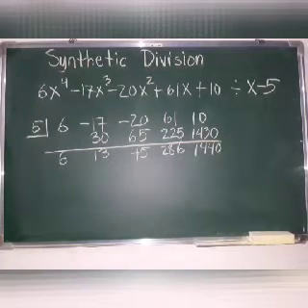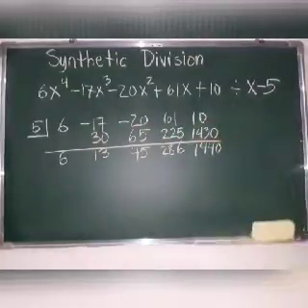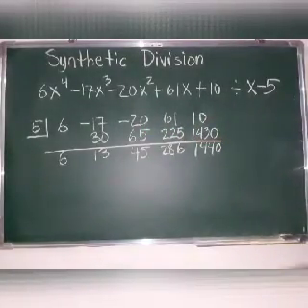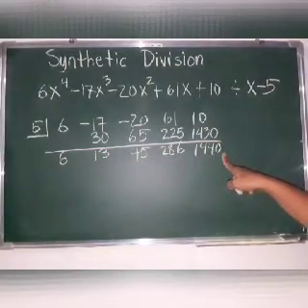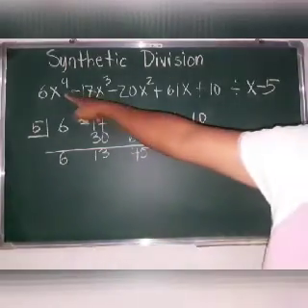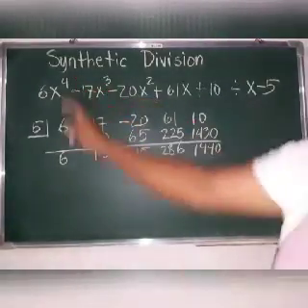Okay, that's it. Then after that, we're going to write the quotient by how? Using these numbers as numerical coefficient, and let's reduce one of the exponent.